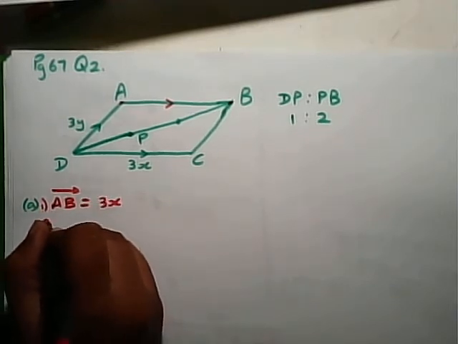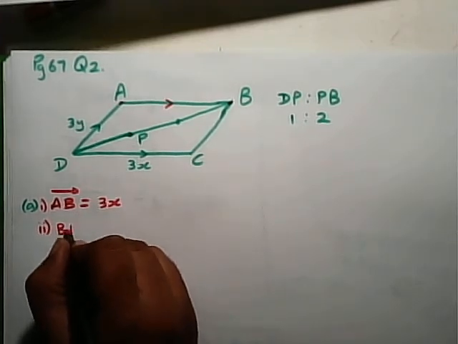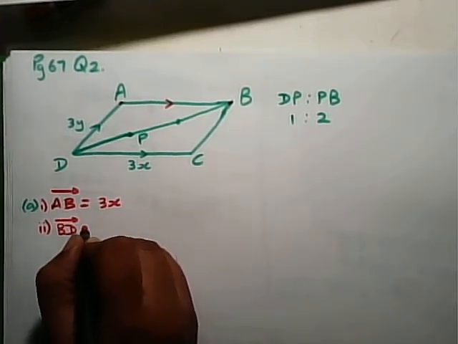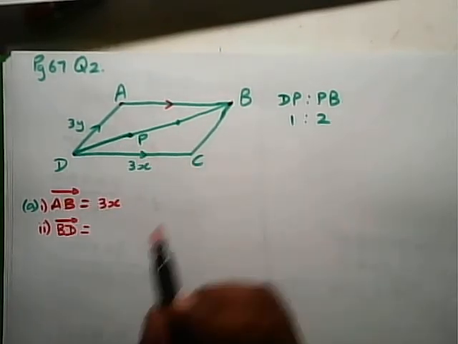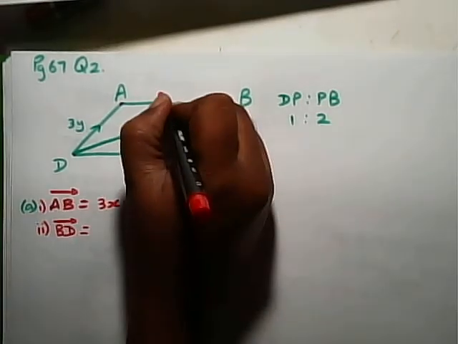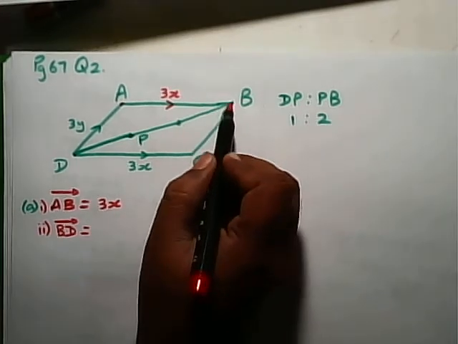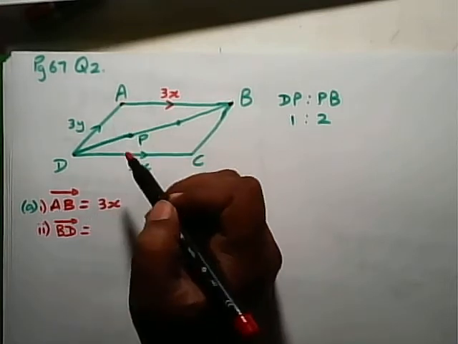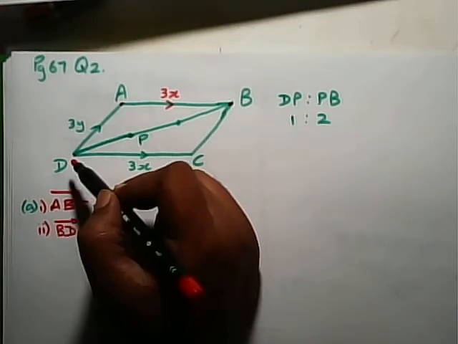Part 2. Next question, BD. To get from B to D, we will travel through roads that already have a name. This one was called 3x. So let's go through this road from here to here, and then from here to here.